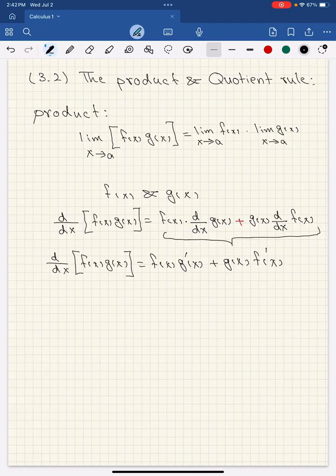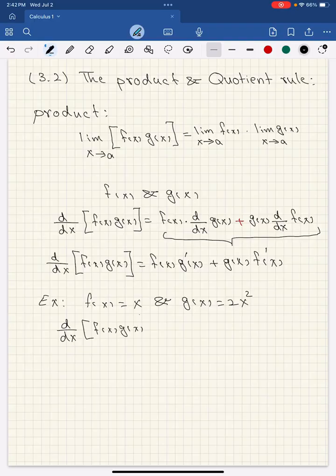Now, I'll do some examples for you for the product rule, correct? Let's practice this rule in product. Example number 1. For example, if f of x is equal to x and g of x is equal to 2x squared, they are asking you here to find d/dx of f of x times g of x.